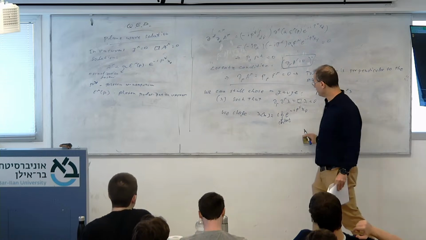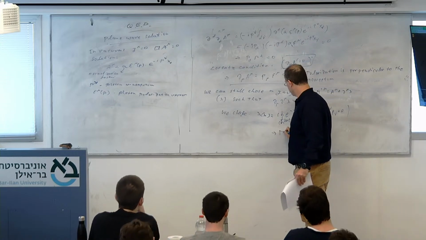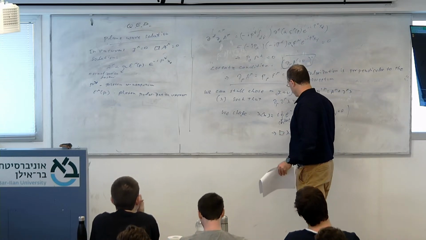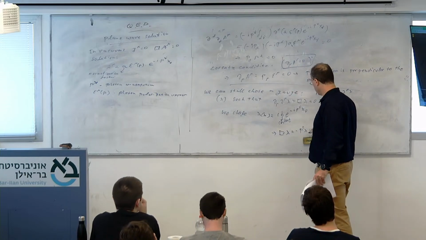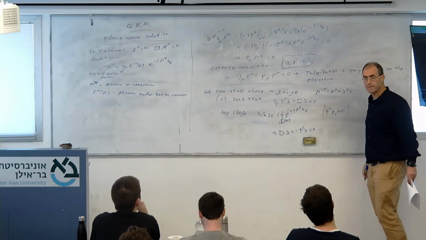That's going to give us the d'Alembertian of lambda is just minus p squared lambda, which is 0 because p squared is equal to 0.